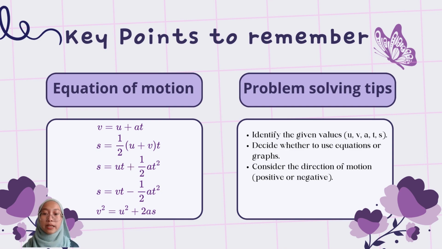And also I hope you can consider the directions of motion, whether it's the positive or the negative one. It's also the same with the gravity value, which is we have the negative value and also the positive value. I hope you will remember all of the things that you learned from the first until the last one of this lesson.